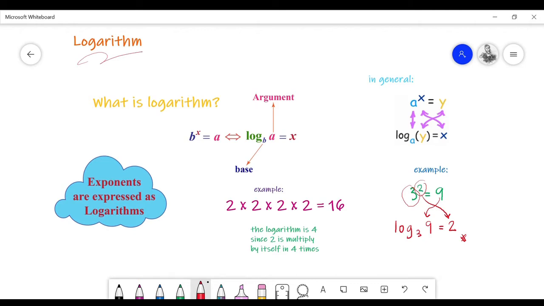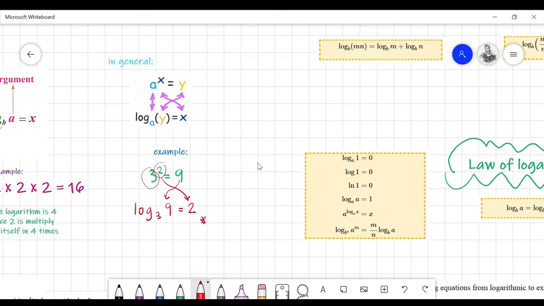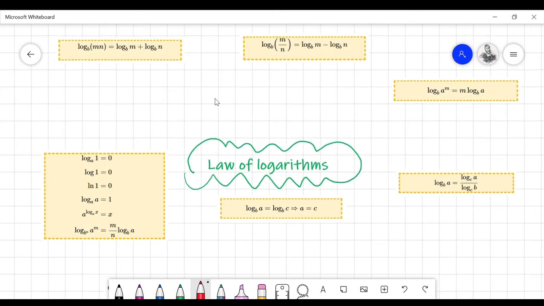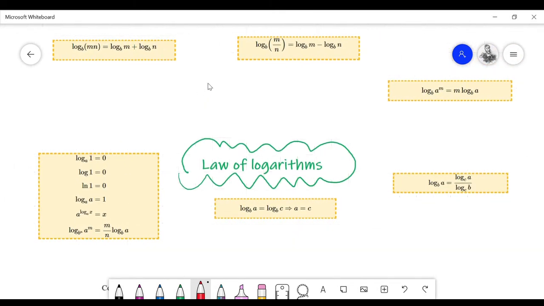Now we look at the laws or properties of the logarithm. The same concept with the exponent, but for the logarithm, when you have a product of the arguments, it will be equal to addition. You can write the logarithm base b of m plus the logarithm base b of n.